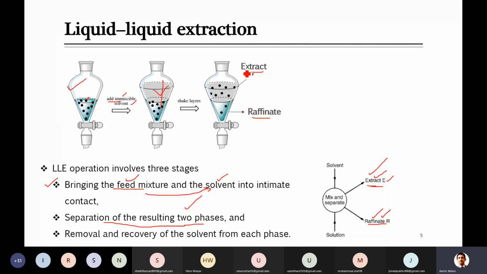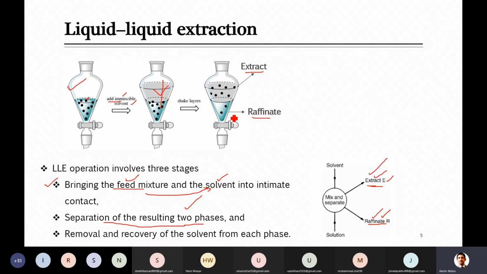As we mentioned, the extract phase is on the top and the raffinate is on the bottom, but it depends on gravity. It depends on the density: when you give it some time to settle under the action of gravity, the lighter one will go to the top and the heavier one will settle at the bottom.